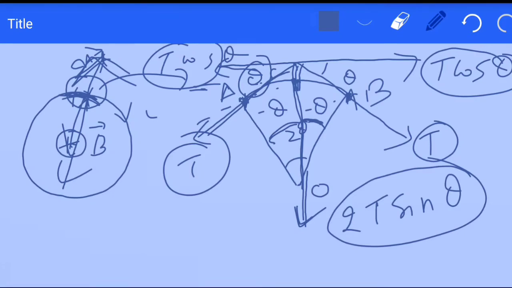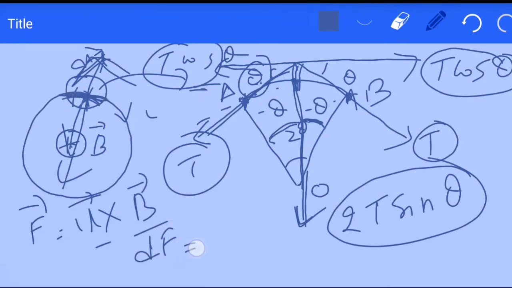Force on a current carrying conductor is F equal to IL cross B. In this case, the magnetic field is directed inward and this length is drawn on the plane of the paper, so the angle between L and B is 90 degrees. So force on this small segment will be dF equal to current I, length dl, into B.